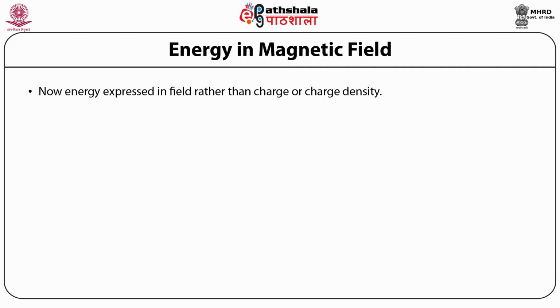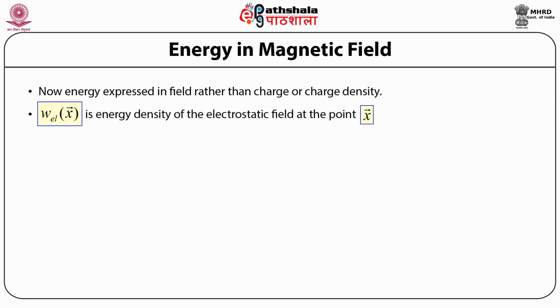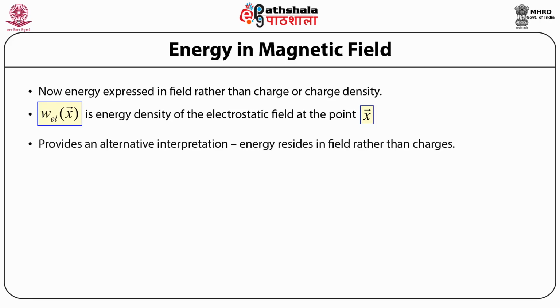And here instead of using the charge or the charge density, the term that we use is the energy density, which is given by W subscript electric as a function of position vector x at the point denoted by the position vector x. So this definition of the energy of the electrostatic field provides an alternative interpretation, that is, the energy resides in the field rather than the charges.